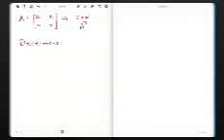Determinant of A, which you'll be familiar with from your quadratic function. That's how we write it, the determinant of A, and that is equal to AD take BC.